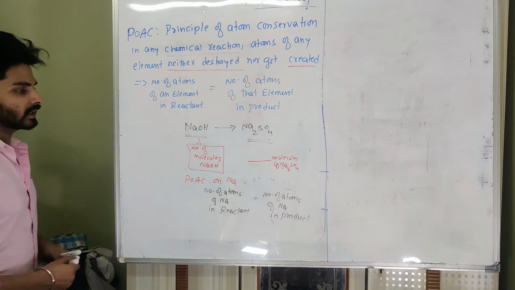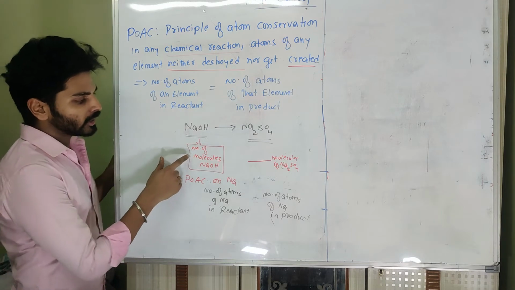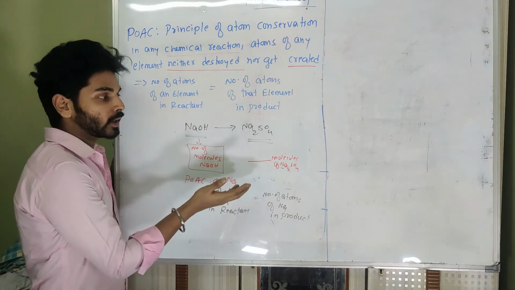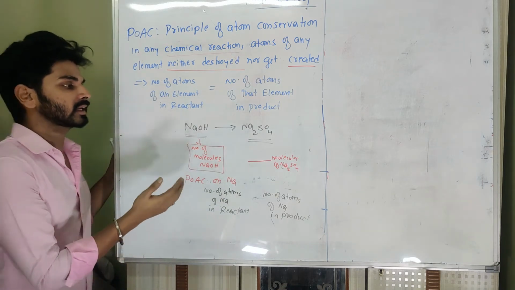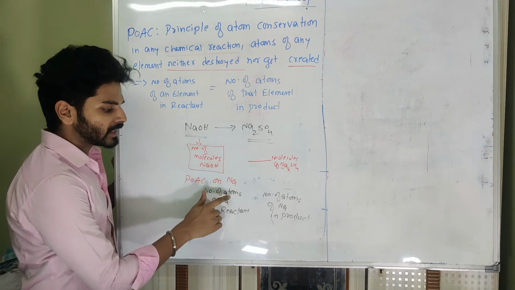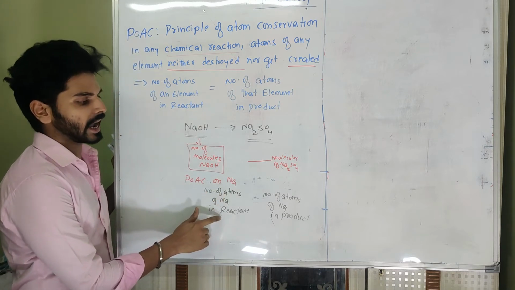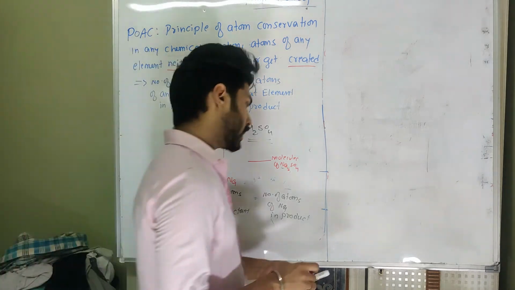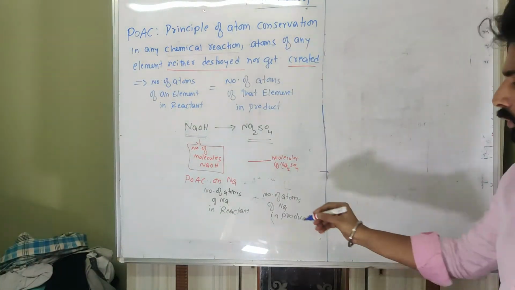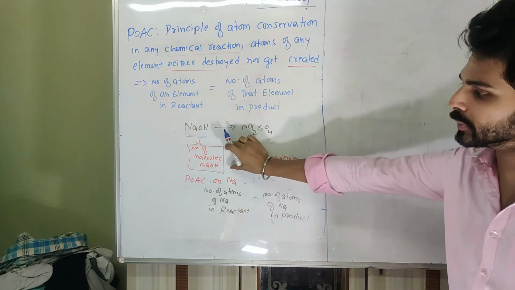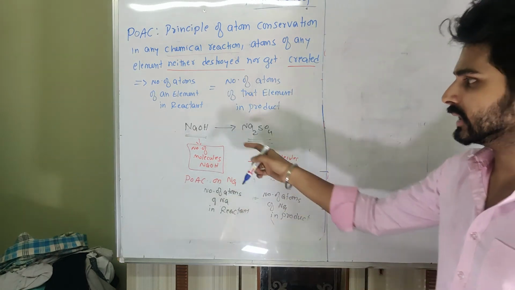We have to equate this because the number of atoms will remain the same in both reactants and products. We cannot equate the number of molecules of NaOH to the number of molecules of Na2SO4. That may not be the same, because I told you there is nothing like conservation of molecules. We can only equate the number of atoms of sodium in the reactants to the number of atoms of sodium in the products. Let us convert this equation as needed.